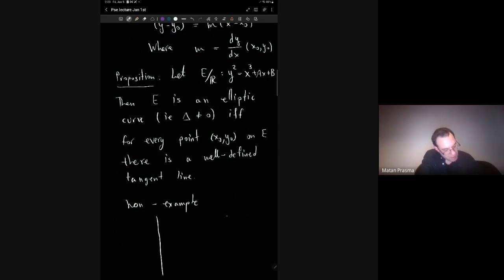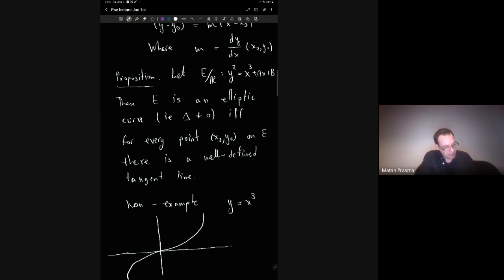You take, let's say, y equals x cubed. Then this is something like this.